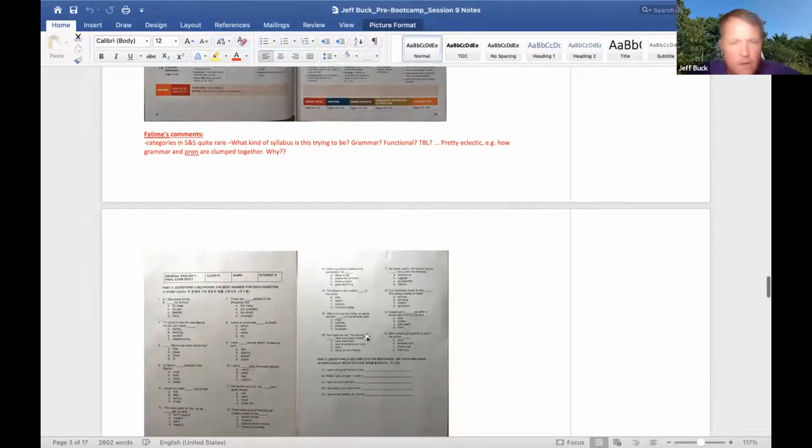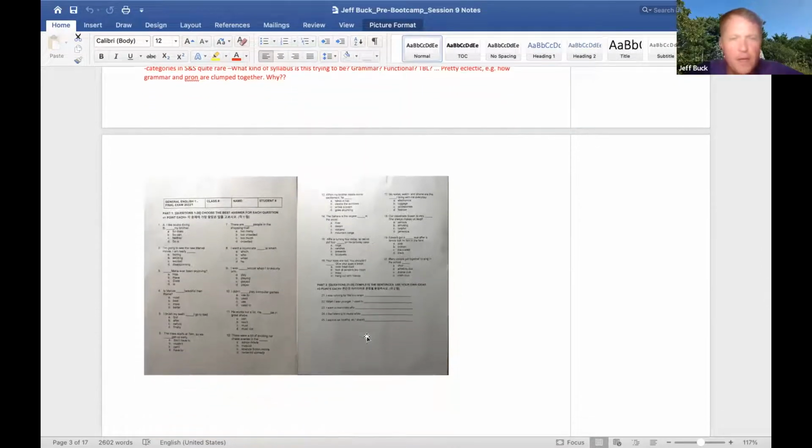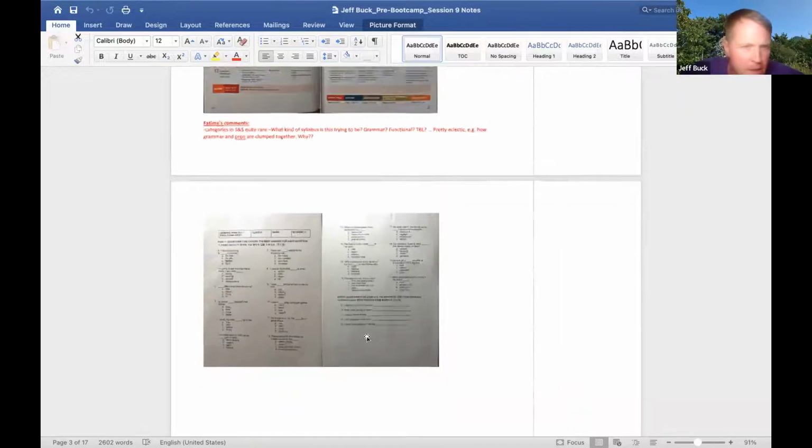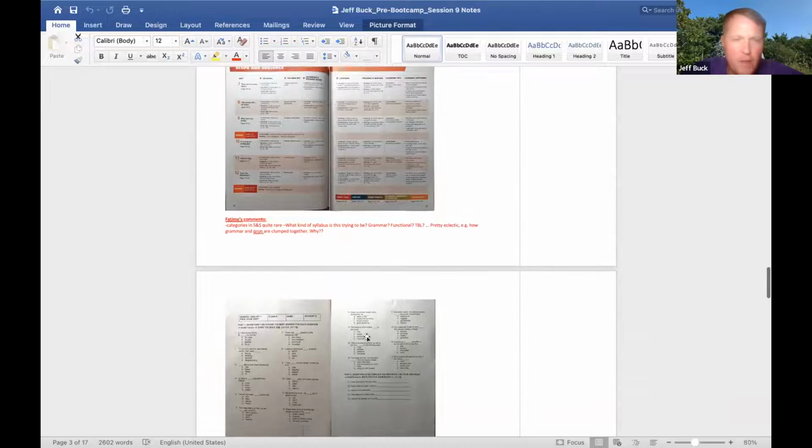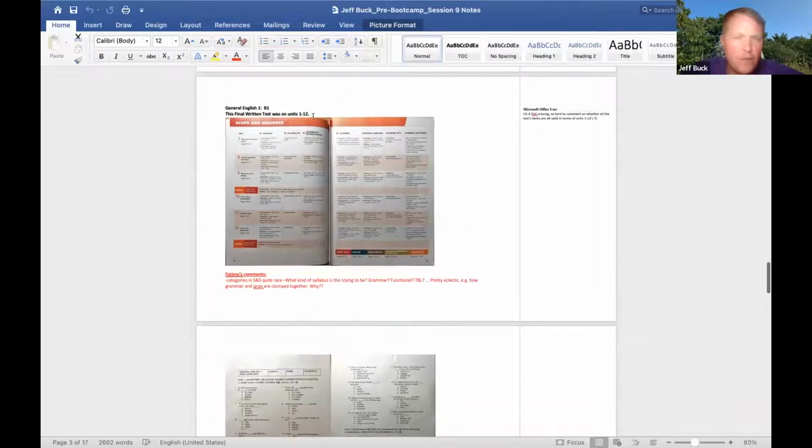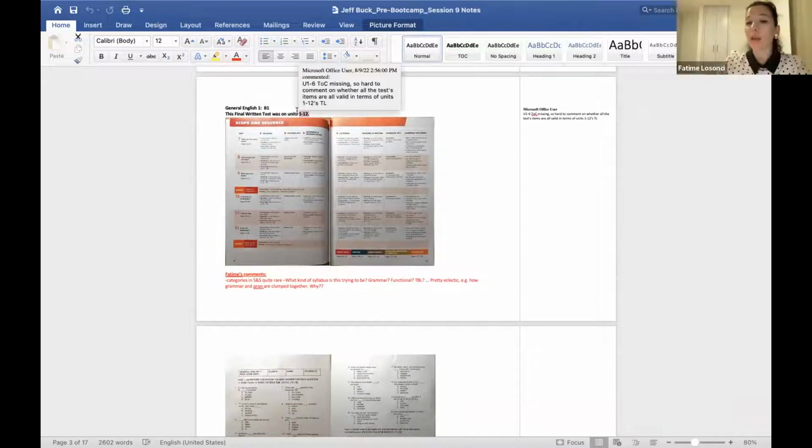I remember choosing not to include units 1 through 6. Perhaps the test might have actually been on 7 through 12, but I'm not sure. Either way, there's a mistake there on my part, one or the other.